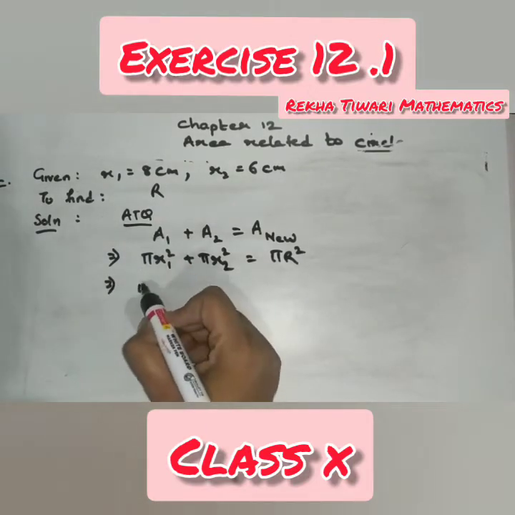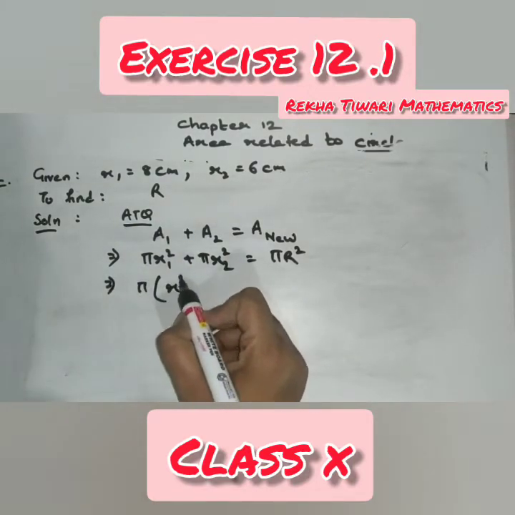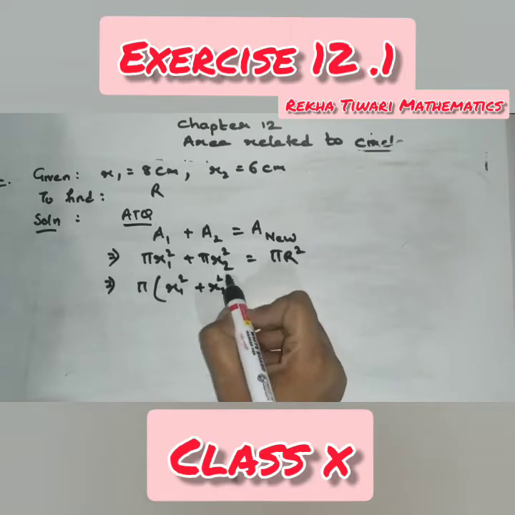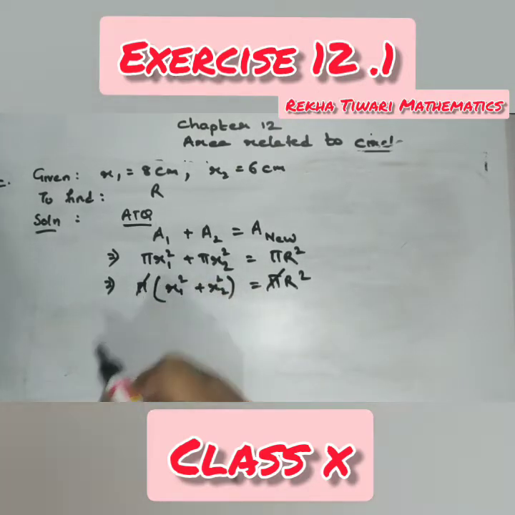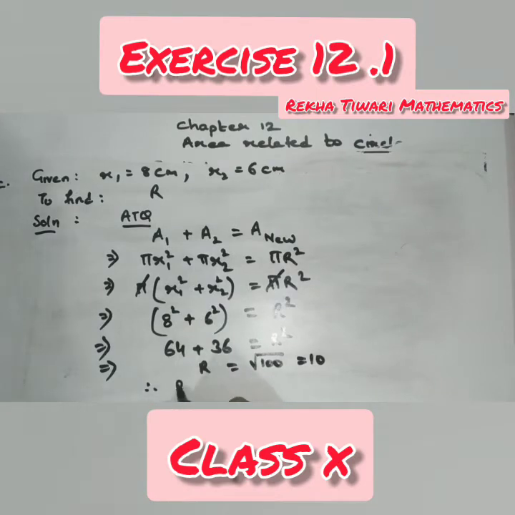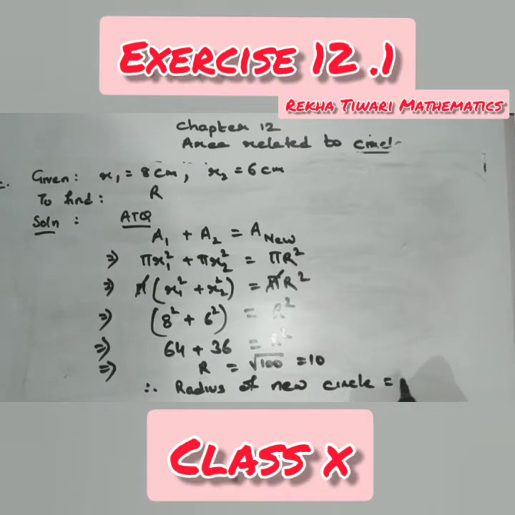Again the same thing, take out pi common. Here it is r1 square plus r2 square is equal to capital R square. Cancel pi from both the sides. Therefore, radius of new circle is equal to 10 centimeter.